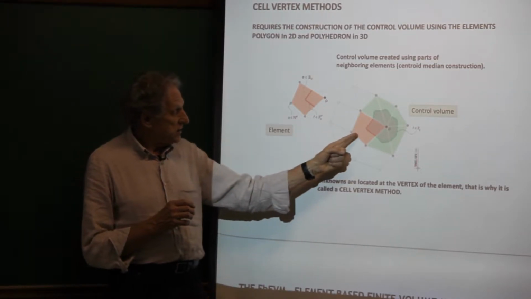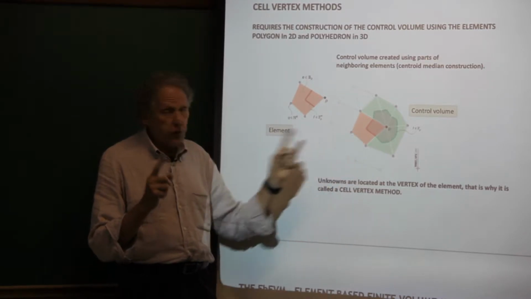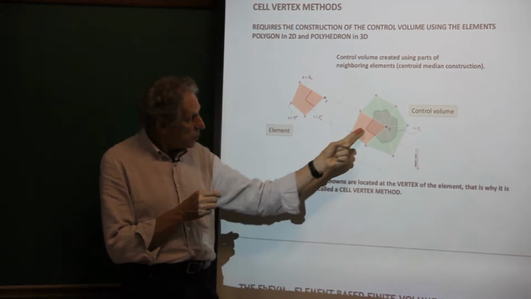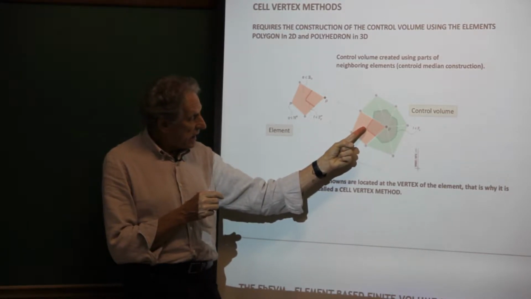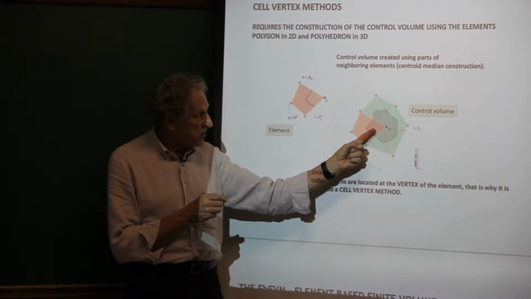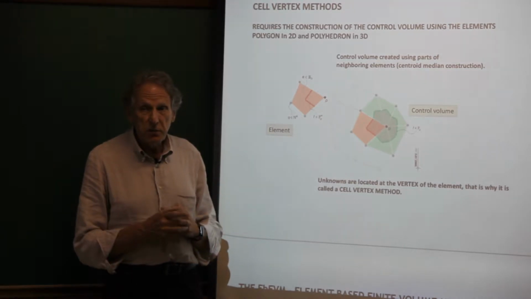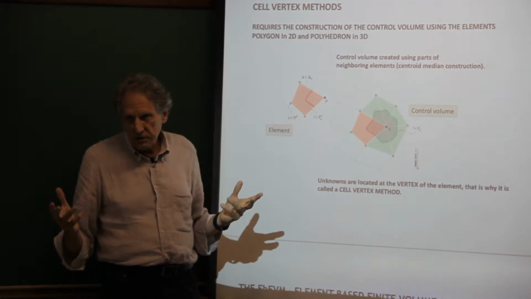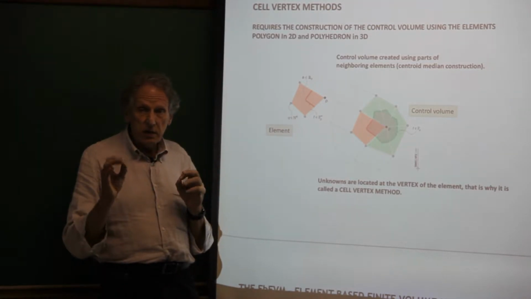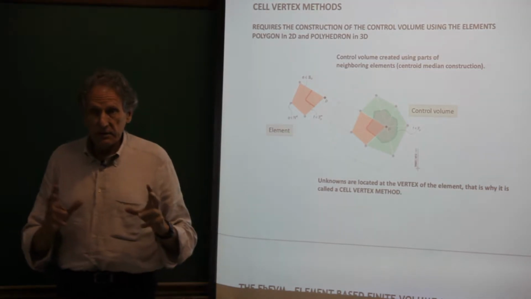So this element, which is a quadrangular element, is divided in 4 sub-control volumes or sub-elements, and one of them enters in the flux calculation for this control volume, where the variable is in the point P. And of course, it's called cell-vertex because our unknown is in the vertex of the element.